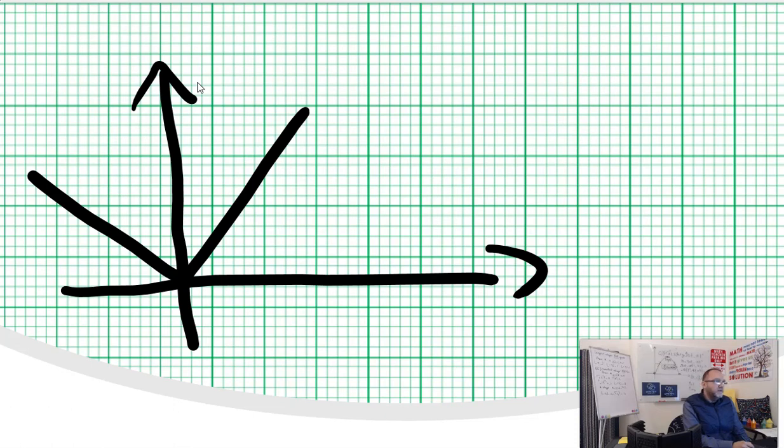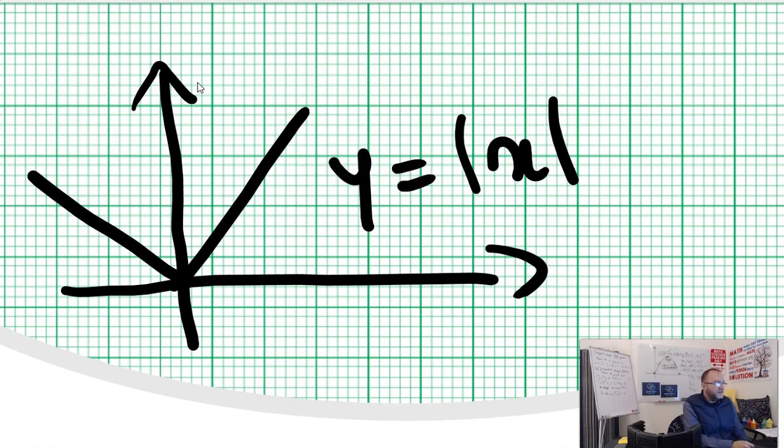It's a turning point because the slope here, the gradient, changes from a negative value to a positive value, right? So it is a turning point here, y equals absolute value of x. The slope is changing from a negative to a positive value, right? And in other functions where the slope changes from positive to negative, it's also a turning point.